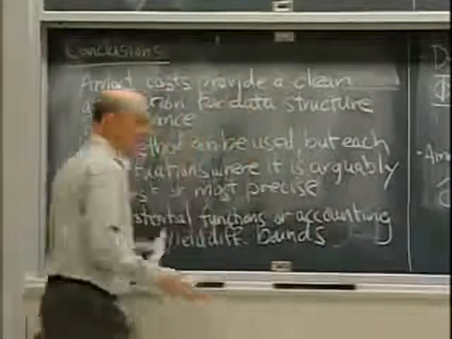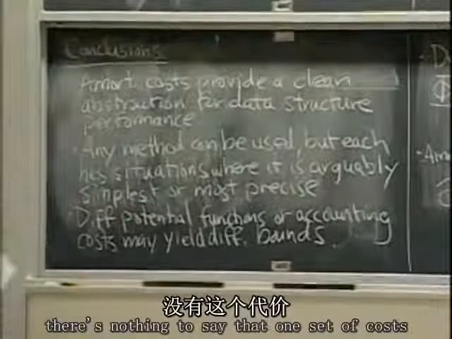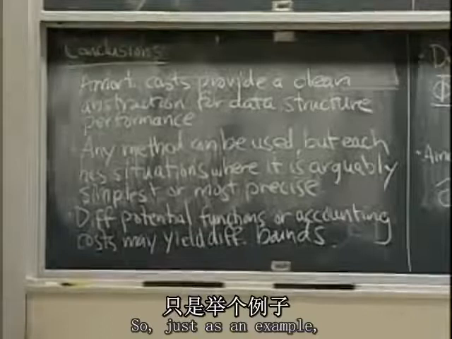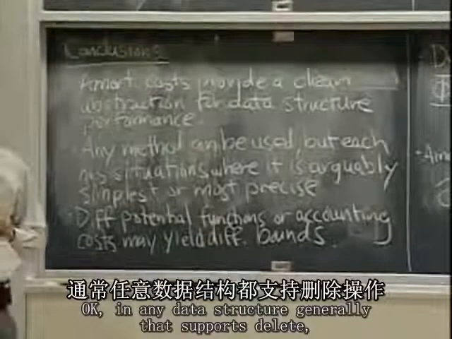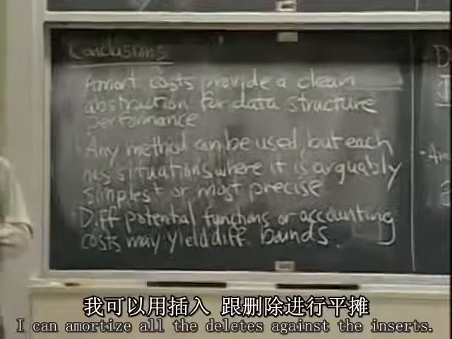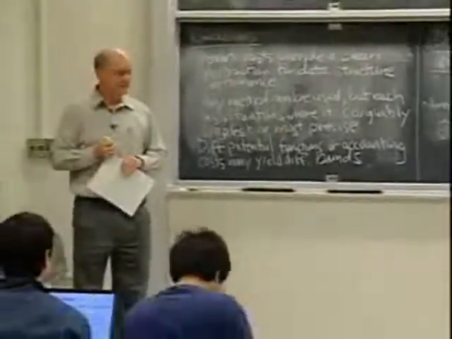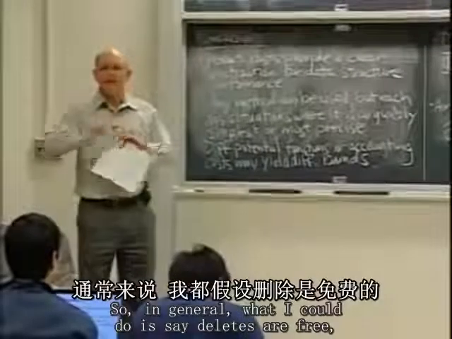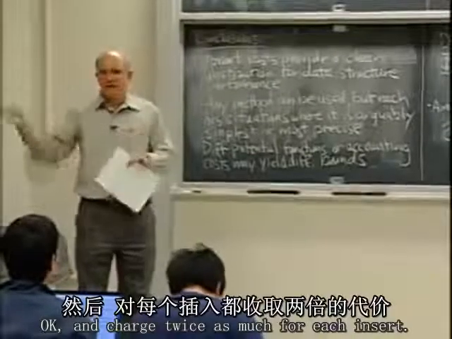So when you do an amortized analysis, there's nothing to say that one set of costs is better than another. Just as an example, in any data structure generally that supports delete, I can amortize all the deletes against the inserts. So in general, what I could do is say, deletes are free, and charge twice as much for each insert.